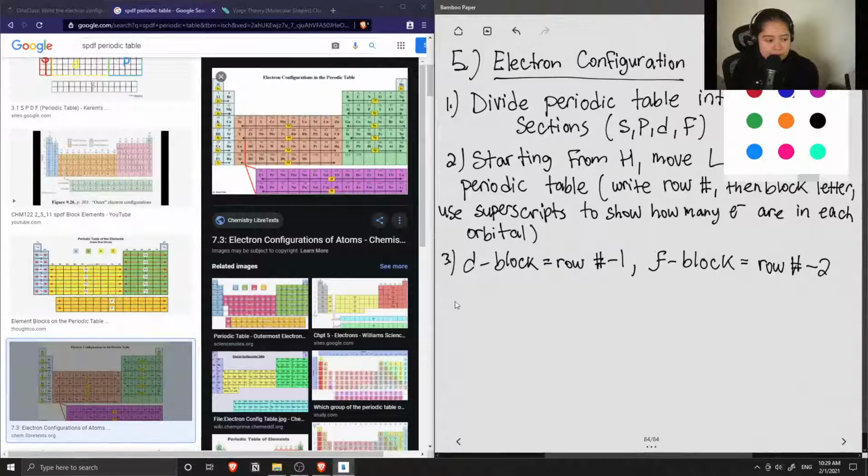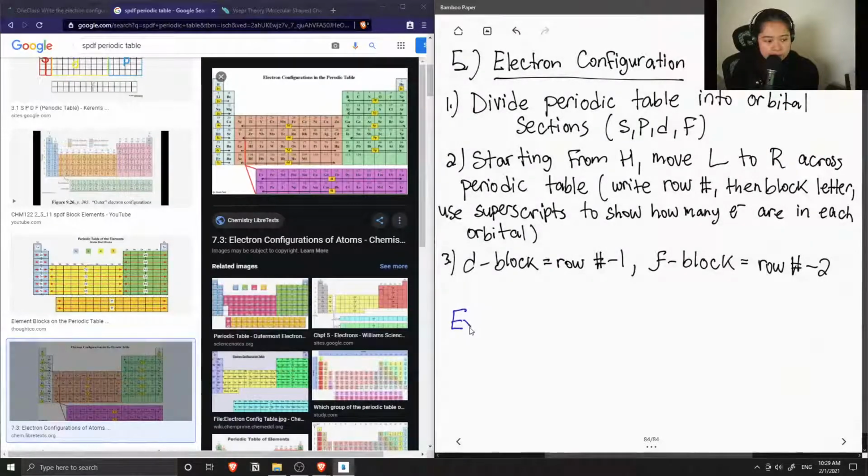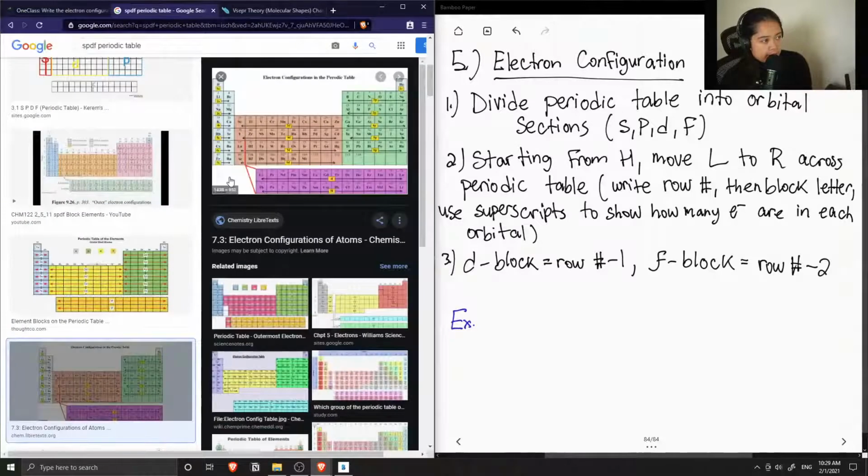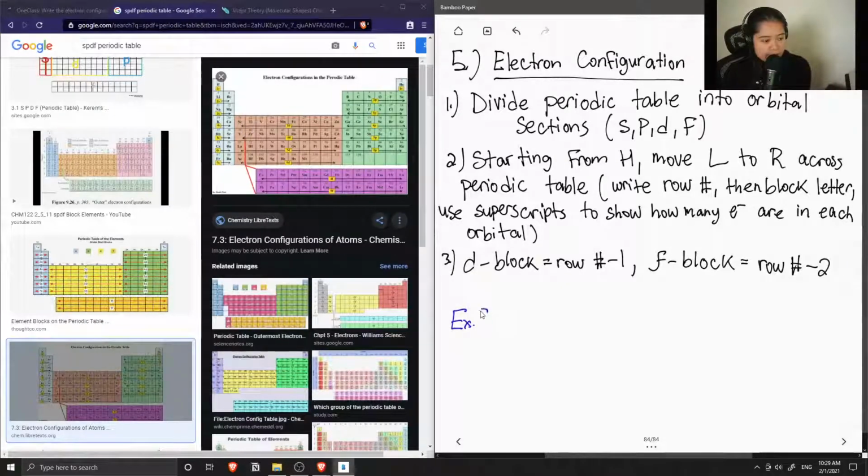Okay, so let's look at our example, which is scandium. First, let's find scandium on the periodic table. So it's right here, atomic number 21, and it's one of the first transition metals.